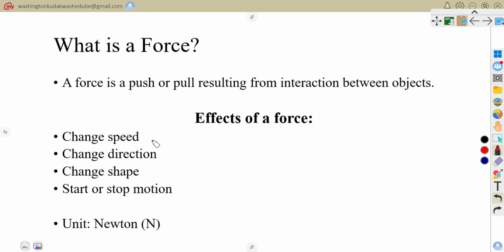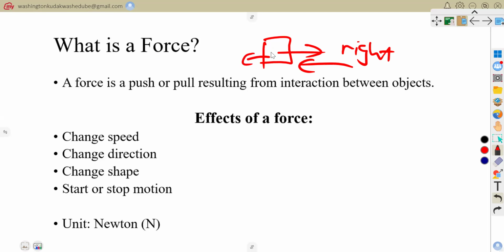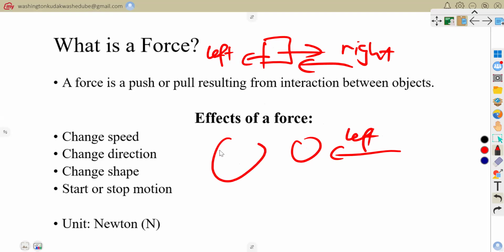Also, a force can change the direction of an object. Let's say that an object was moving towards the right. When you apply a force towards the left, and that force is greater than the effect of the moving object, it will cause the object to change its direction and start moving to the left. Or let's say you're playing tennis and you use a racket to hit a ball coming towards you from the left.